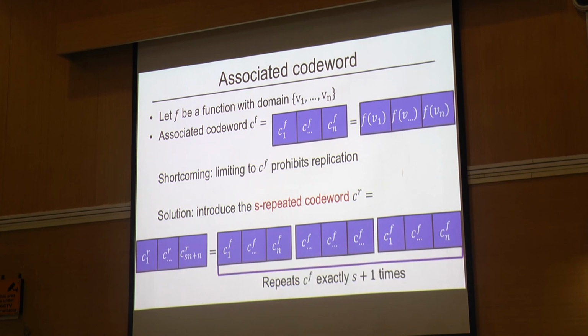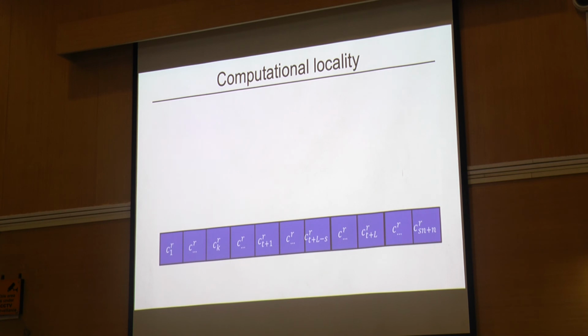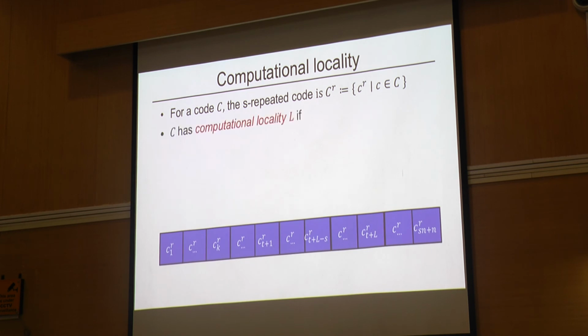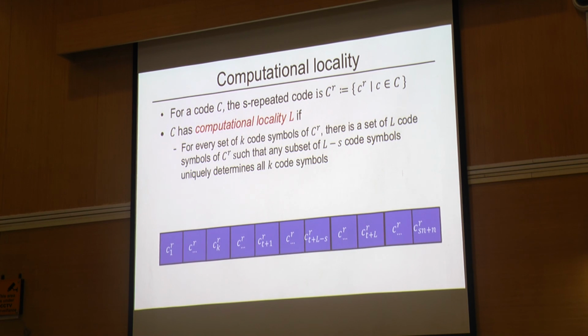And then we define this new notion called computational locality of functions and a particular associated code word. Now for a code C, we will say that C has computational locality L if for every set of K code symbols, there is a set of L symbols using which you can reconstruct those K symbols, just like what we are trying to do in this coded computation with S things straggling.